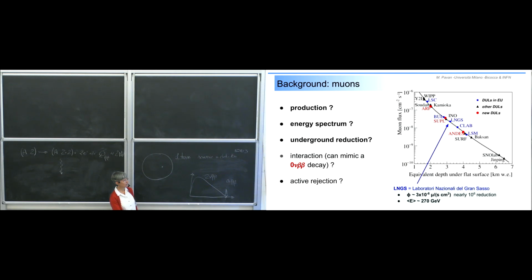And this is the flux over there. There is nearly a 6 order of magnitude reduction when I go deep underground. I still see muons, and the average energy is this one.